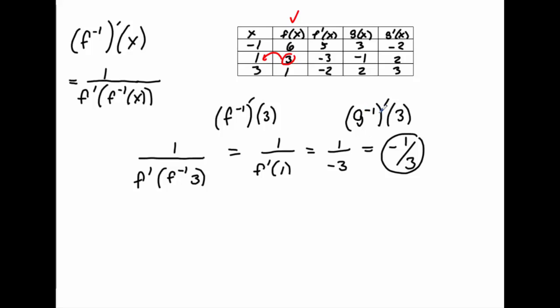What is the derivative of the inverse function using the value of 3? We come back, we do the same thing here, except this time we're going to use g instead of f. So we do 1 over g prime, the derivative of the original function, and we're going to put in the inverse of the value of 3, which again means we're going to find out where the original function has a y value of 3.